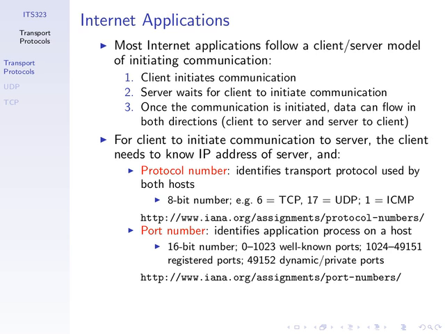So we need to know what transport protocol is being used, TCP in this example, and each transport protocol has a protocol number assigned to it. TCP is number 6, UDP 17, and there are others. There's a list at this URL, the official list of those protocol numbers.